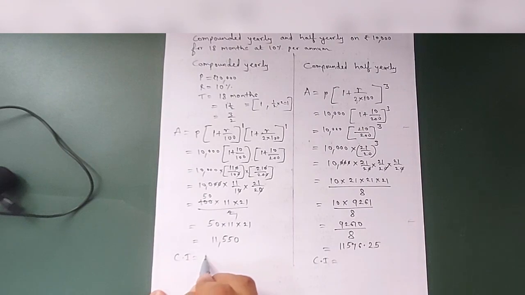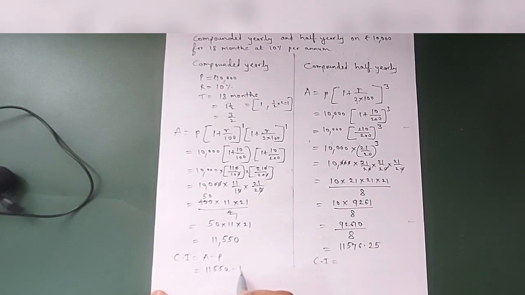Now CI is equal to, you know that, A minus P. What is your amount here? 11,550 minus your principal is 10,000. Okay, so what you will get? What is your answer? 1,550. Am I right?